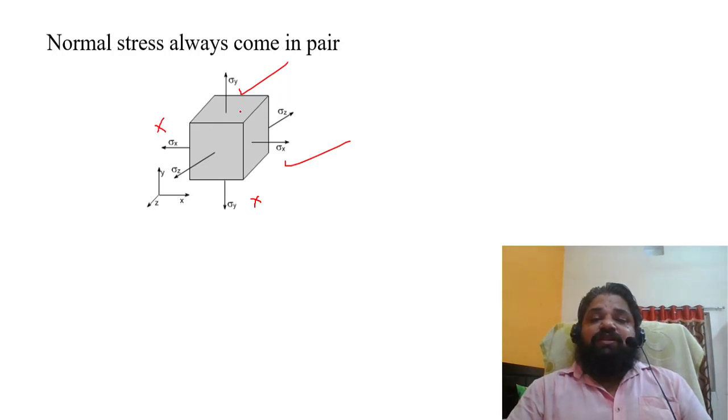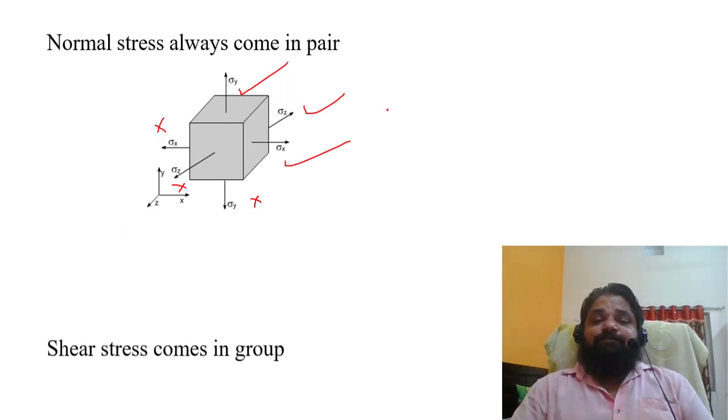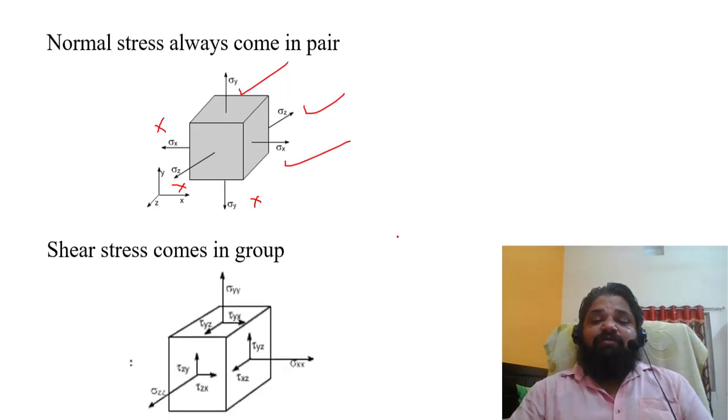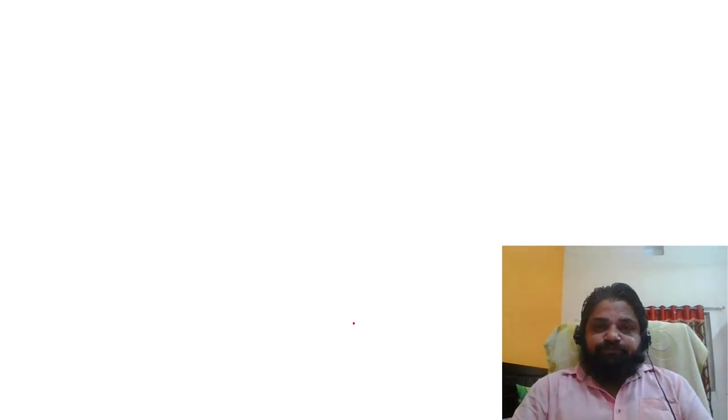Similarly for sigma z: if I am considering the outward direction positive, then I will not take the second part. Similarly, all shear stresses have two components each, 6 faces, 2 each are 12, so 12 components, out of which we will take 6.